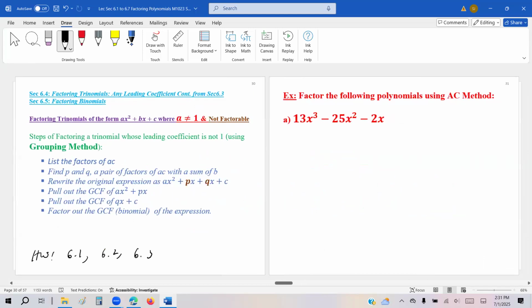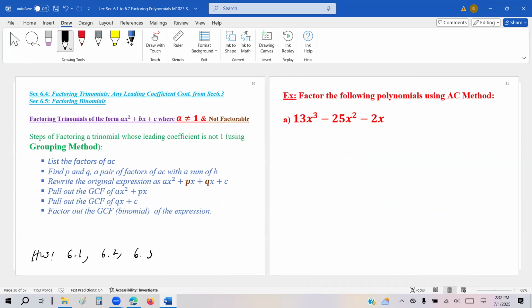The difference between this and the quadratic formula is that the quadratic formula is when you solve for x. Here you are not solving for x, you are factoring. So for factoring, there is no quadratic formula.